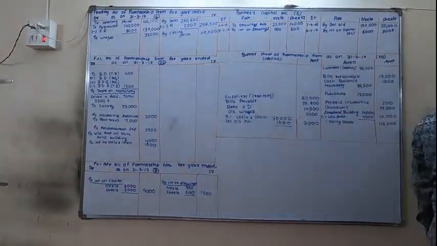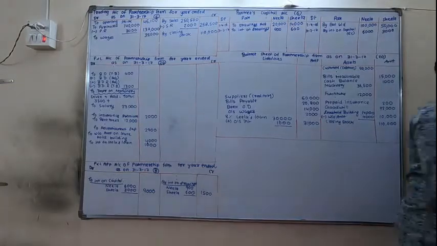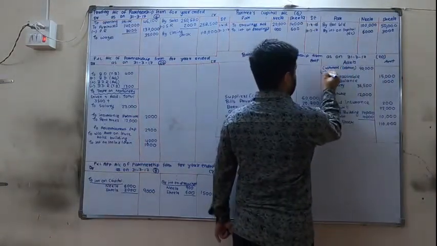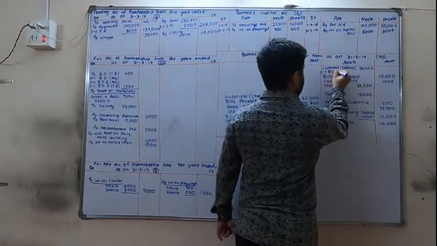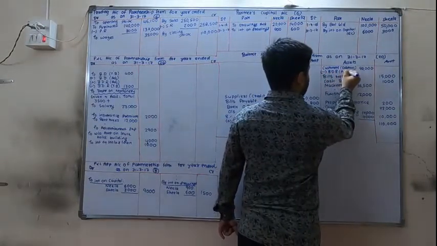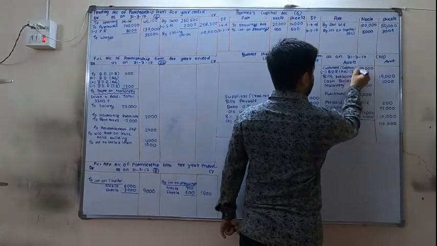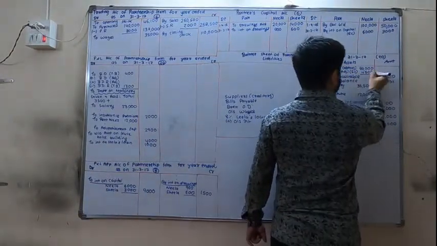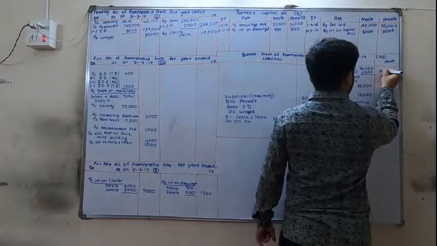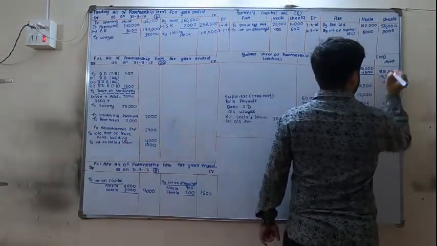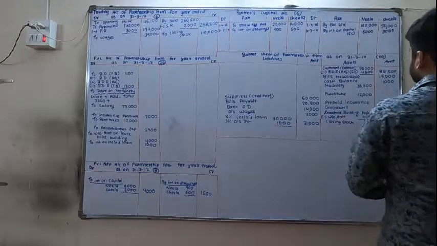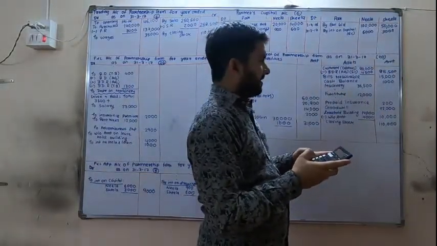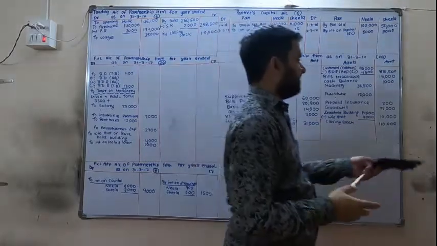Next, 5% bad debt reserve on debtors. From customers or debtors, minus BDR in bracket, ADJ in the other bracket, 5%. So 5% of 90,000 is 4,500, so in the outer column 85,500. Let me check it in case I am wrong: 5% of 90,000 is 4,500, and 90,000 minus 4,500 is 85,500.